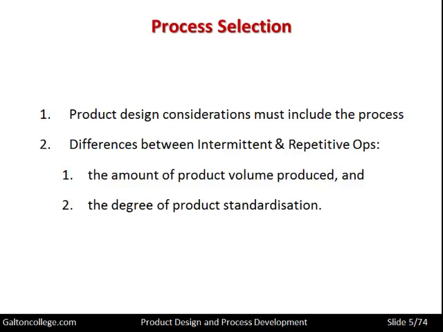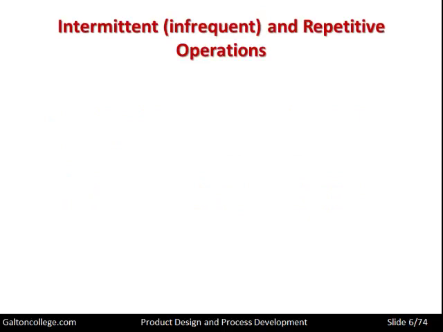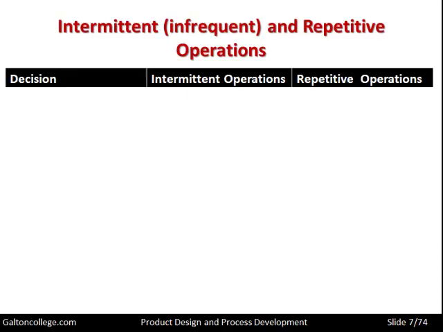Repetitive operations are associated with products which are produced on a repetitive basis. So really the type of product and the type of production determines the type of operations that are going to be required. So let's deal with intermittent, or if you like, infrequent and repetitive operations.